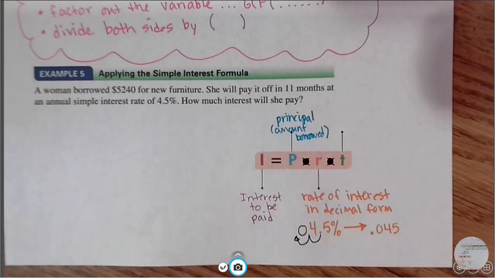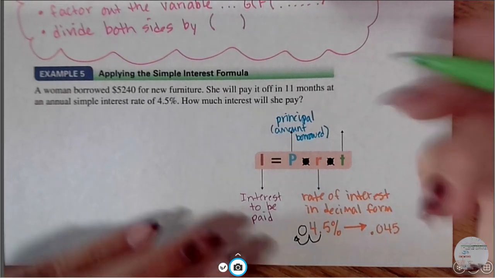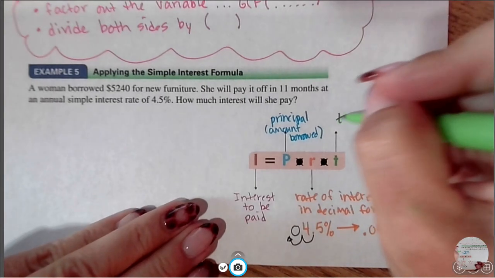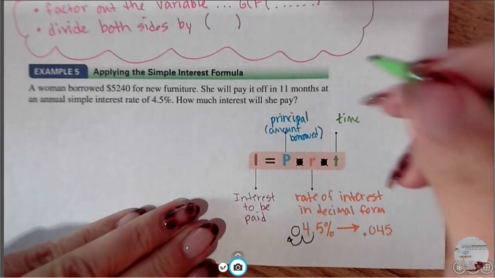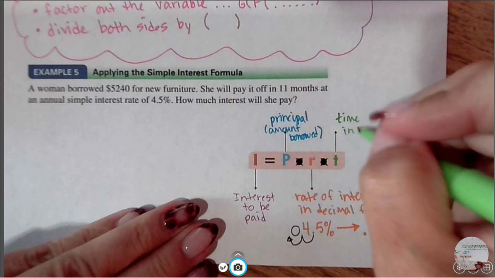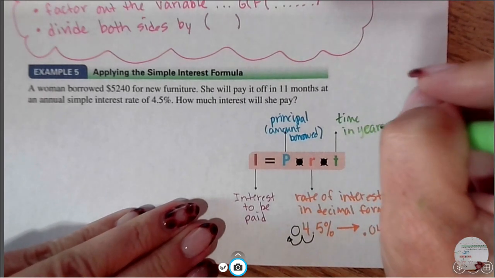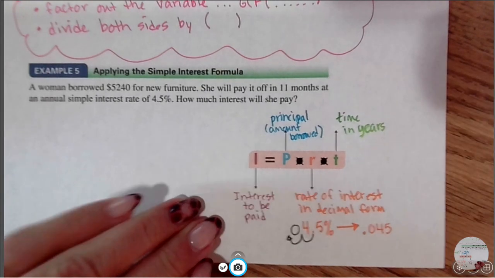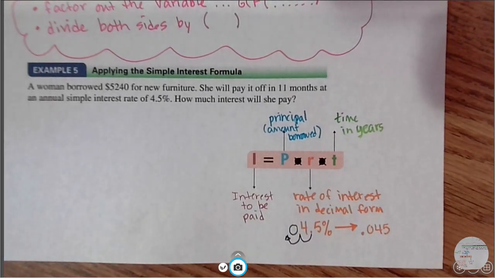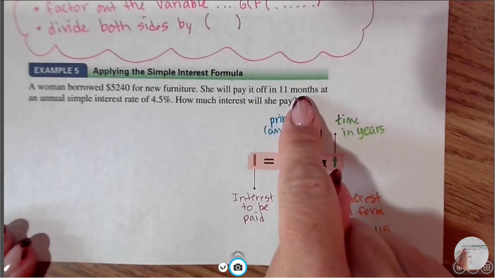So be sure you're making that change. And then T is the amount of time that's passed, but it's usually in years. So on this problem, we're going to have to make a change.